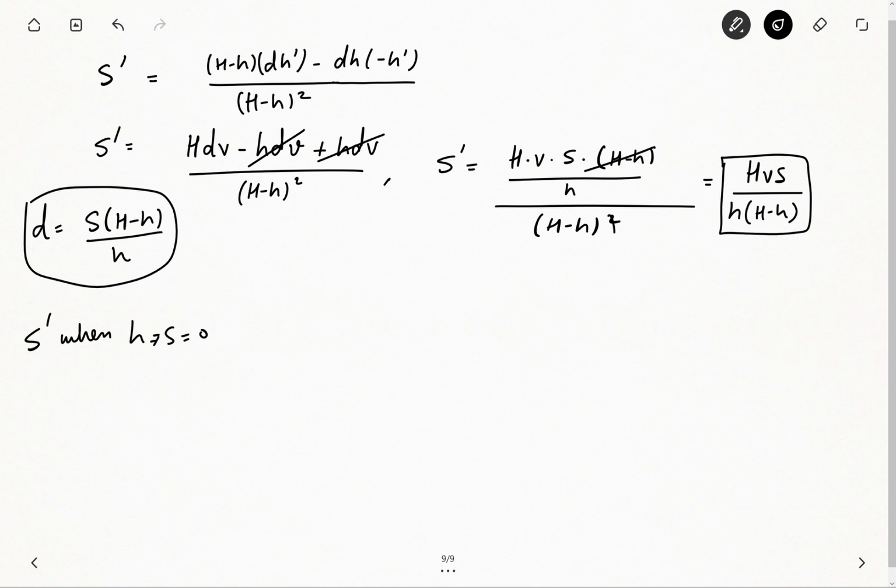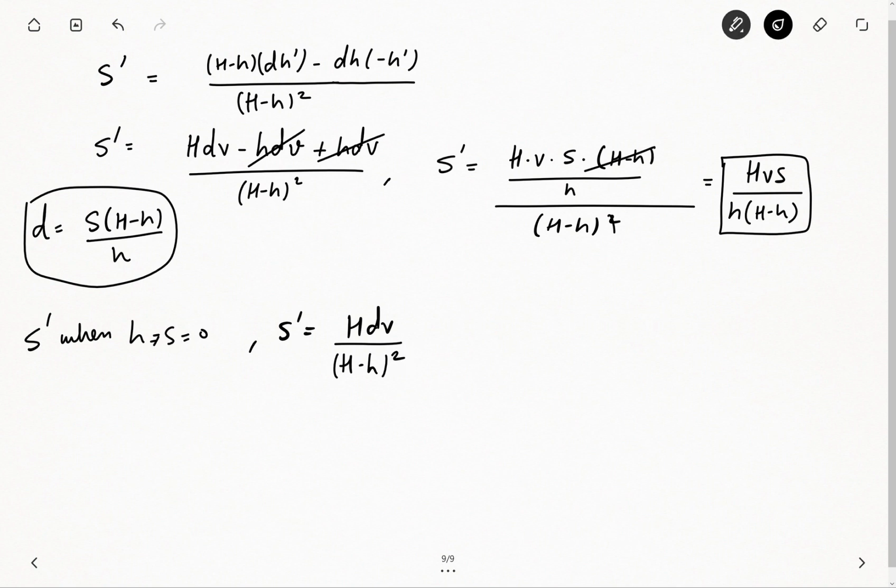So you have to work your way back to something that you had an idea to solve with. We can just stop at the expression that we had before. The S prime expression before we plugged in d was just H dV over H minus h whole squared, right? So this is the expression before you plugged in all that stuff.